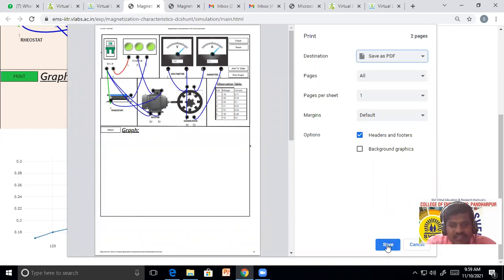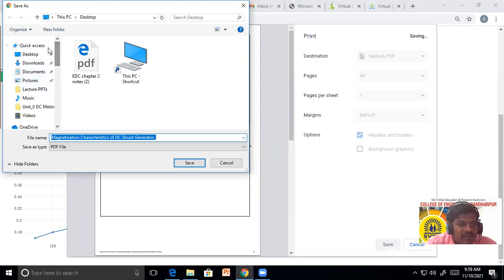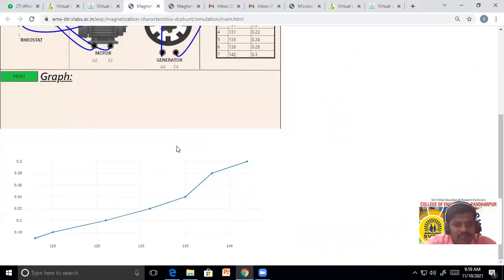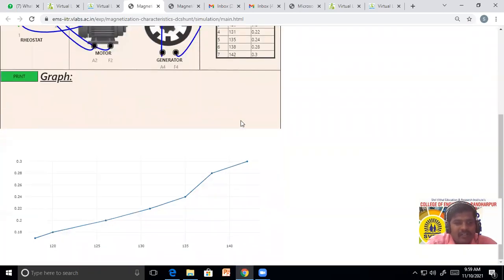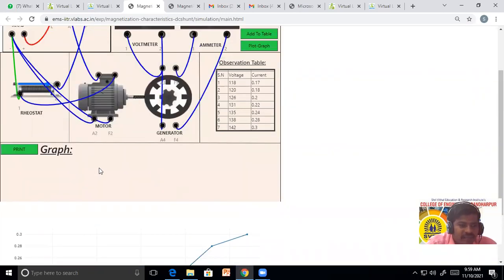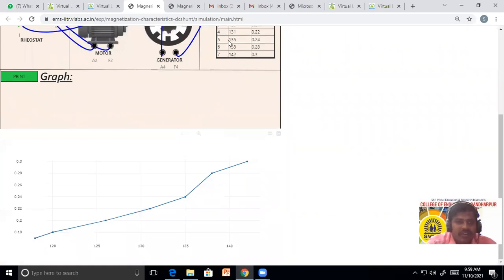So it will be saved on your desktop. I will be attaching it to the file. Okay, so we are using the circuit diagram, or it may be the connection diagram, also its readings, that is the observation table, plus its graph. So this is nothing but the open circuit characteristics. लक्षात आले का?